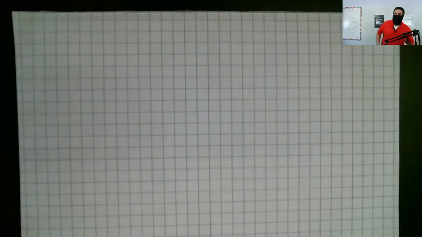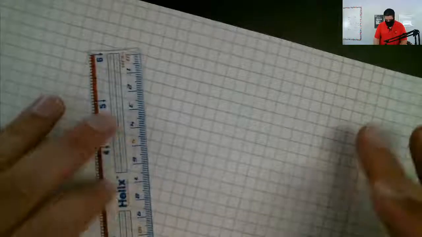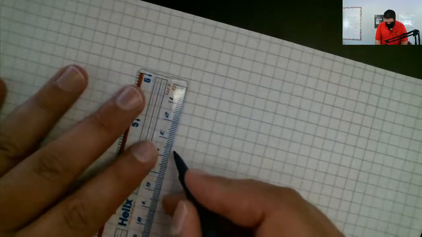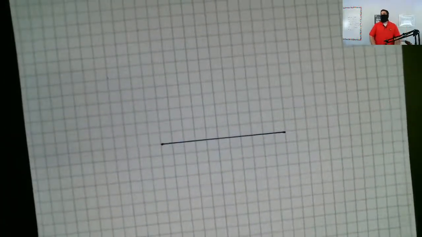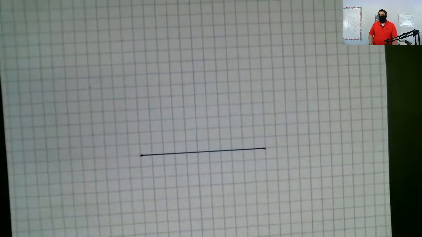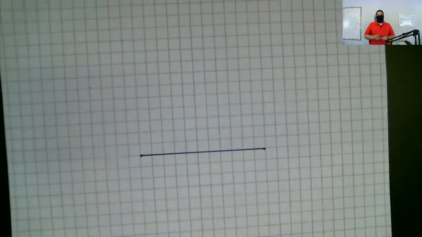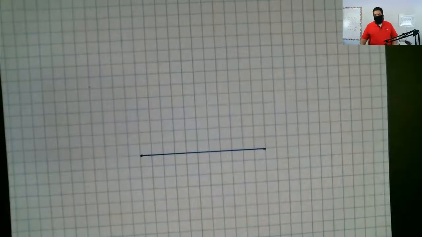Step 1 is to draw a line segment. It doesn't matter what length; the steps will still work.